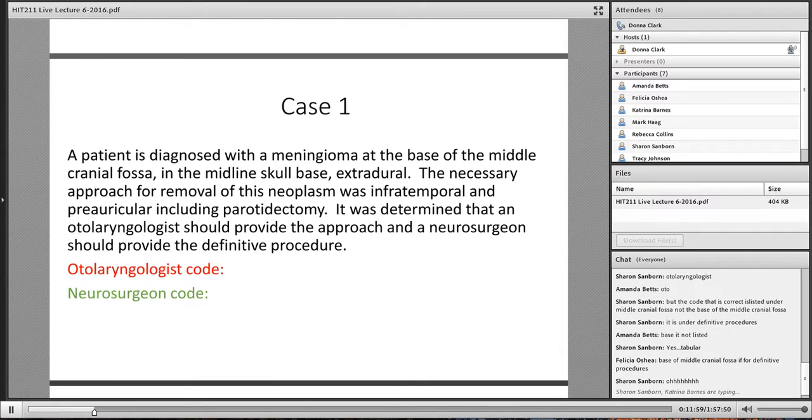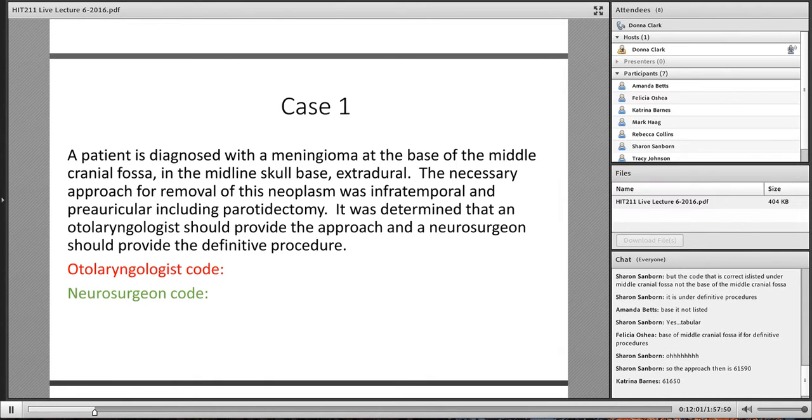So 61590, we will find by going to skull base surgery, middle craniofacial, then infratemporal approach, and that's for our ENT doctor, the otolaryngologist. Now we need to code the definitive procedure. Not 61650. So how are we going? We still go to skull base surgery.